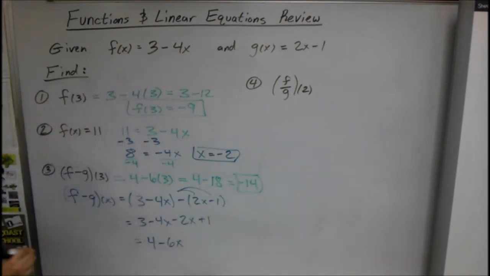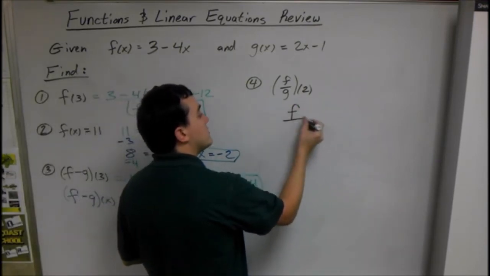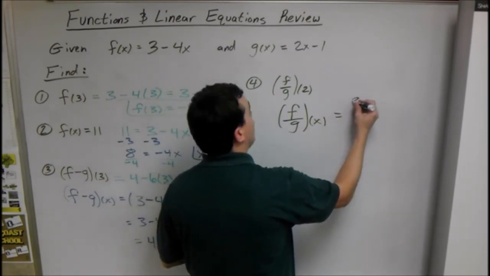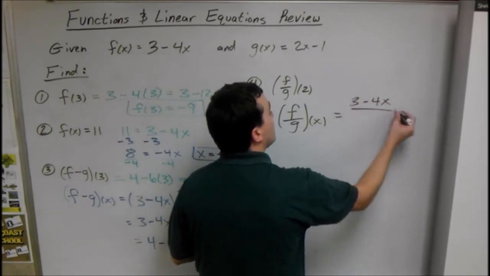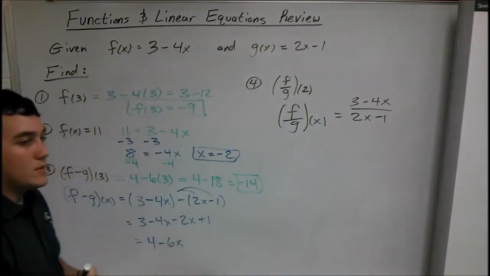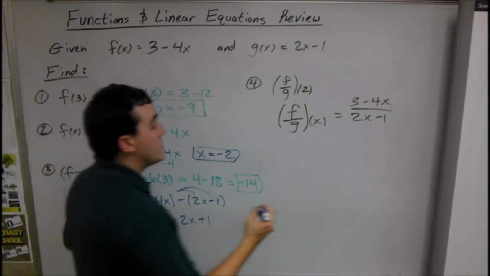We're going to do the same thing for the next one. We have f over g of 2. So first we want f over g of x, which is just 3 minus 4x over 2x minus 1. Can't simplify that, so we just plug in the number they want. They want us to plug in 2.